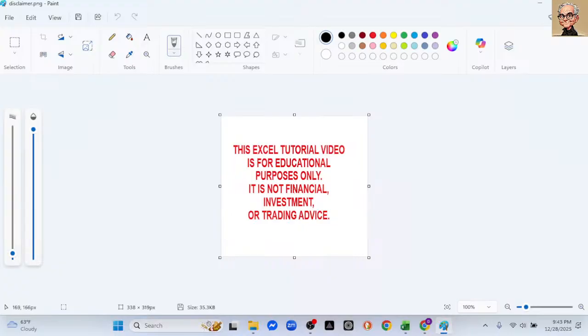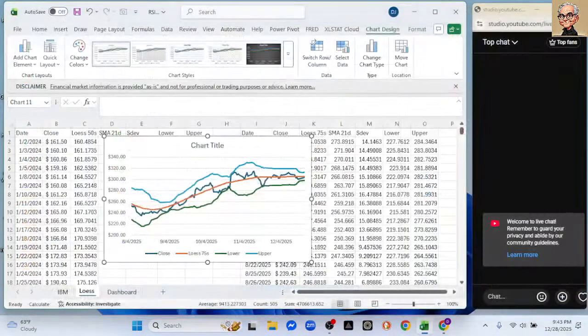It's not for financial, investing, or trading advice. Do not use anything you see here to make a trading decision. This is just me looking for the magic bullet here, I guess you might say. But anyway, do not use anything you see here to make financial decisions.